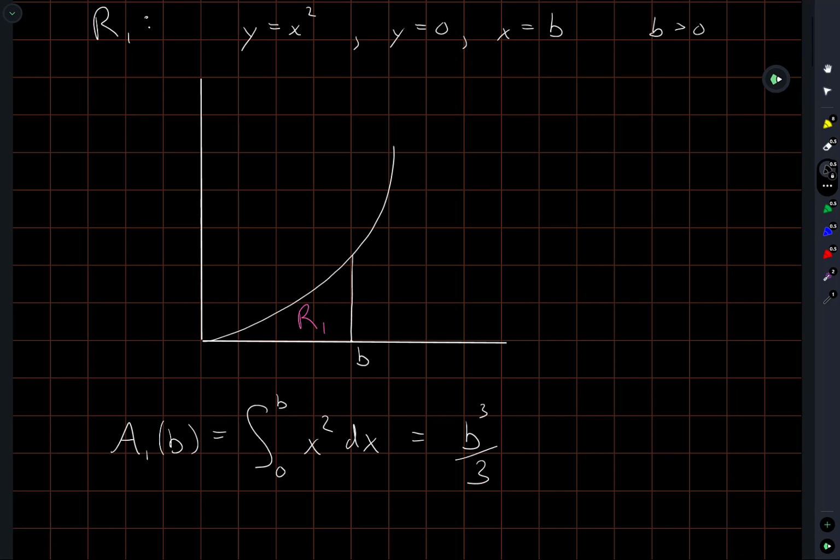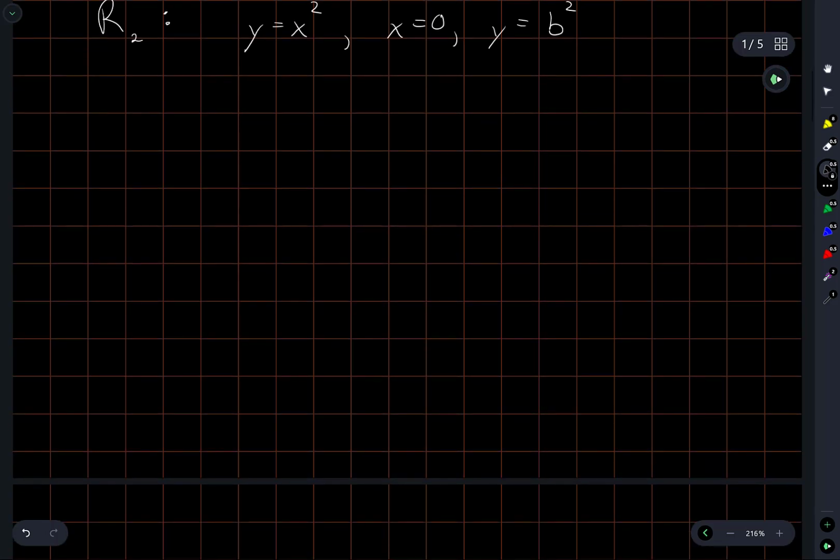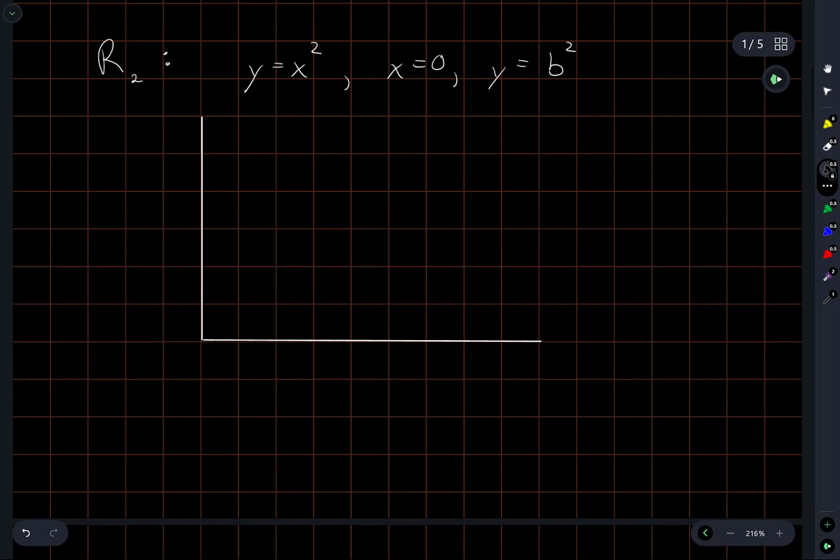And now for the second region. The second region is given by the curve y equals x squared, x equals 0, and y equals b squared. So what does this look like? It's going to be slightly different than R1.